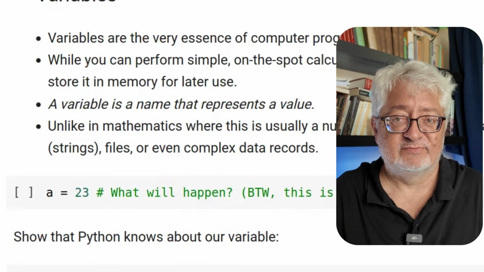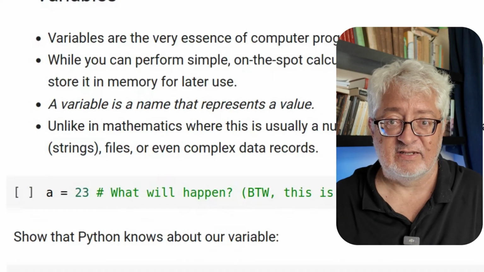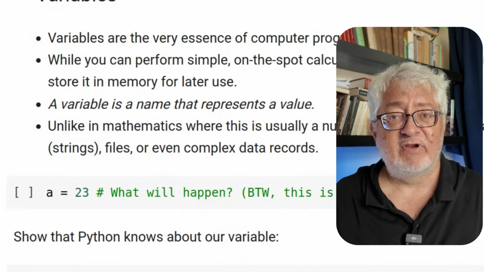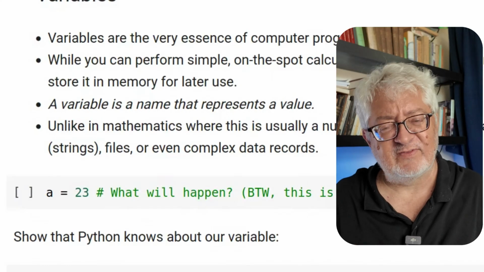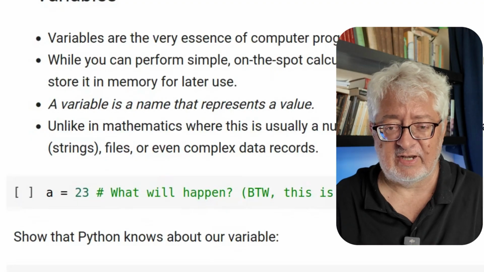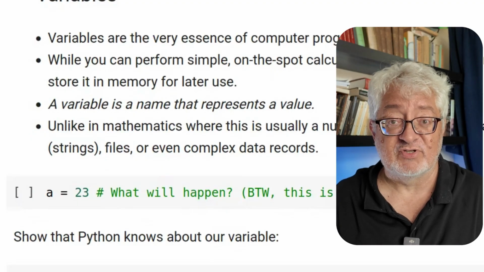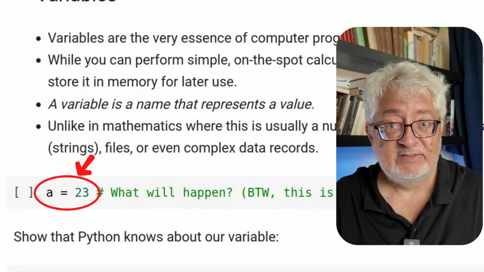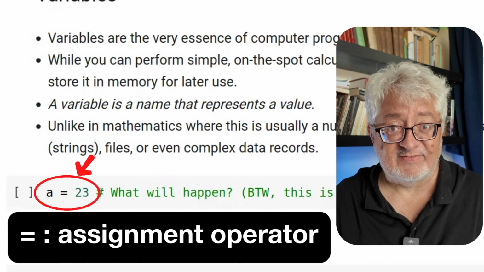The easiest kind of variable use is just to assign it a numerical value. So here I take a simple variable called a. Variables can have any name you want that begins with a letter, and then it can also contain digits, but it should begin with a letter. So here I take a very simple one, just a, and then I use the single assignment operator. This is called an assignment operator.